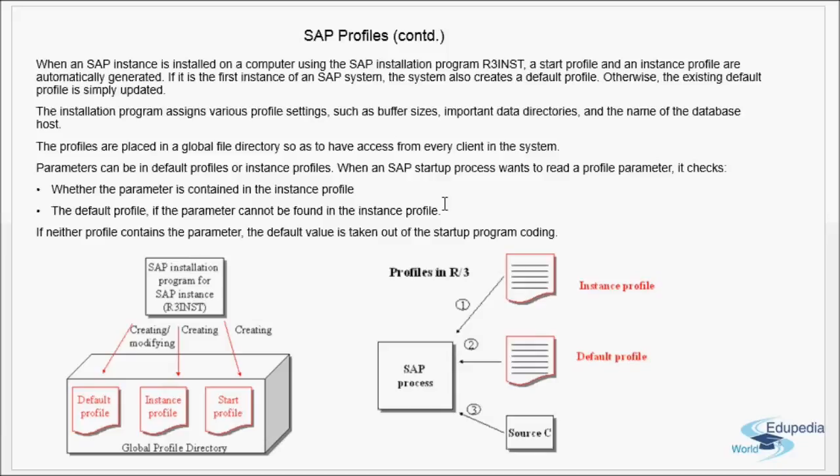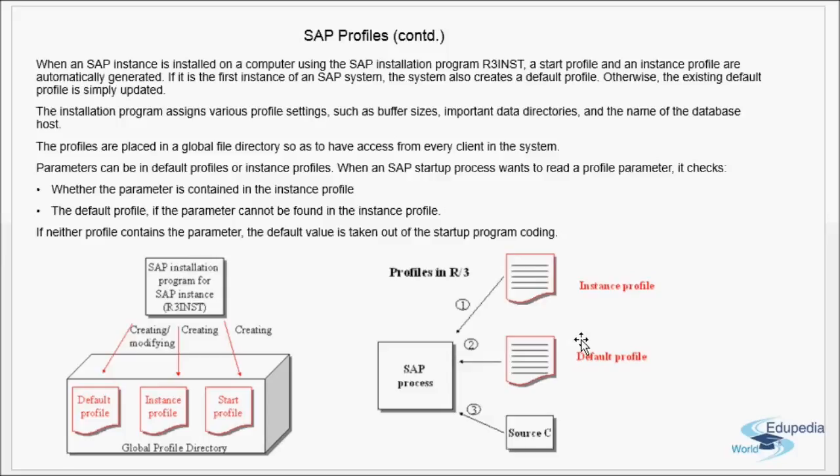So we can define the profile parameters in the instance or default profile. First the instance profile is checked. If a particular parameter is not found there, then it checks in the default profile. So first the order is instance, then the default.